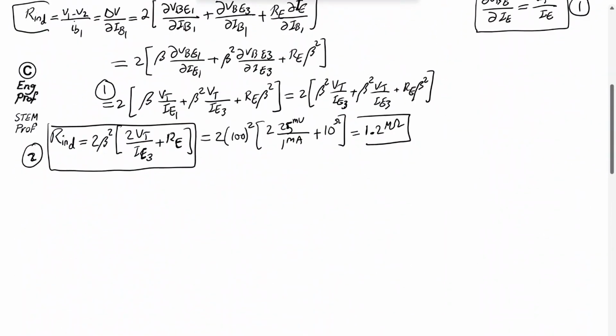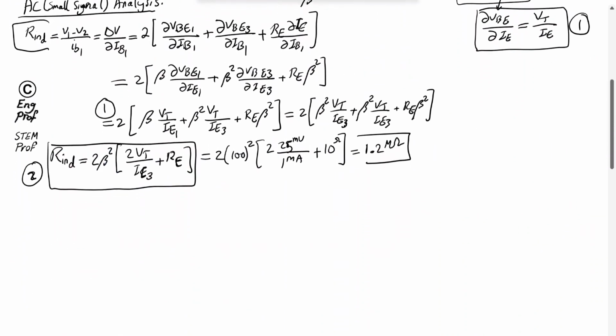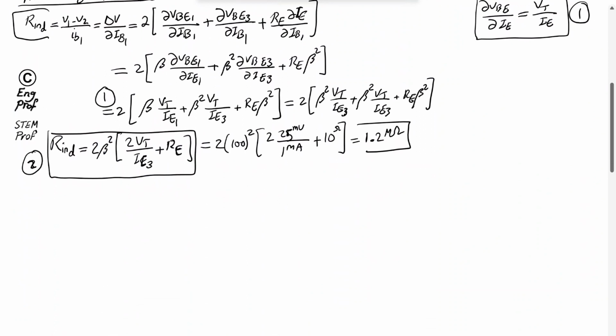Okay, so what else? I can quickly find the AD, or differential gain, now. How do I do that? I use this formula for the small signal differential mode voltage gain.